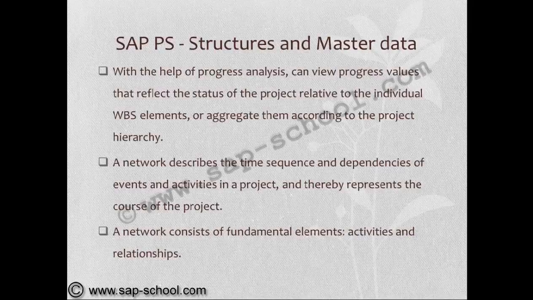A network describes the time sequence and dependencies of events and activities in a project and thereby represents the course of the project. A network consists of fundamental elements: activities and relationships.